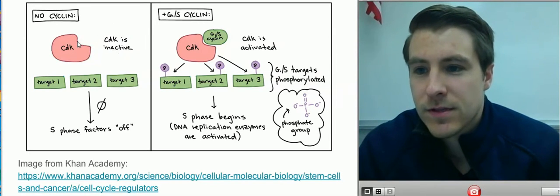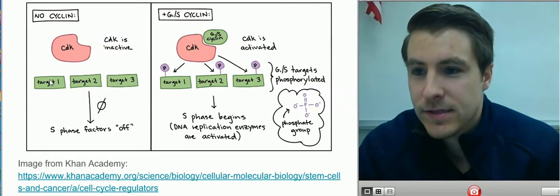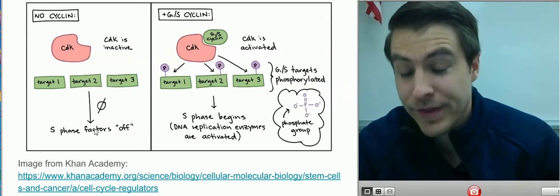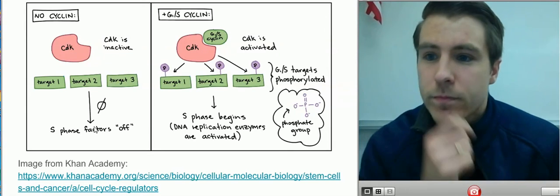And you'll see there's a little slot here, a binding site for the cyclin, but unfortunately the cyclin's not there. And so the cyclin-dependent kinase does not phosphorylate its targets. And so the S phase factors are in the off position.